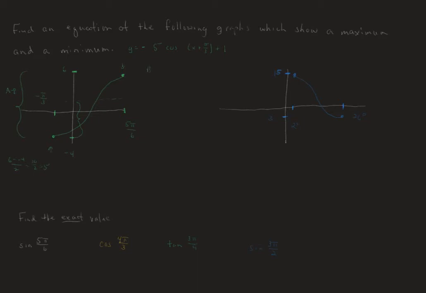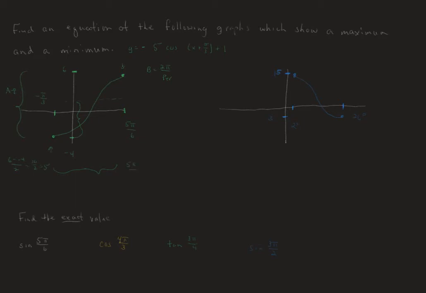So the b is going to be our natural period. And since we're in radians, that's 2π, divided by our actual period, which we're going to have to figure out. Let's see. Our period now, going from a low to a high, is not a full period. That's actually half of a period.